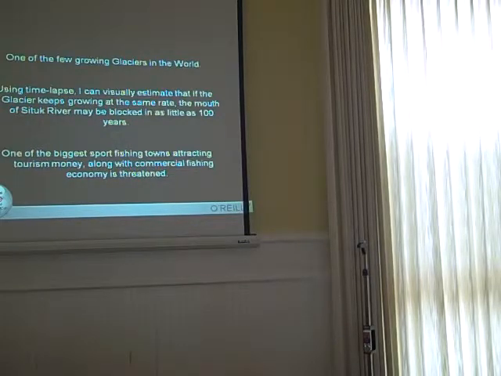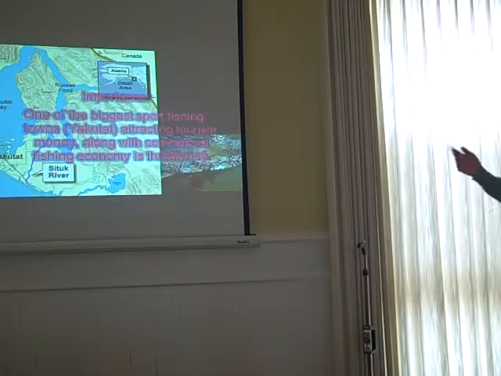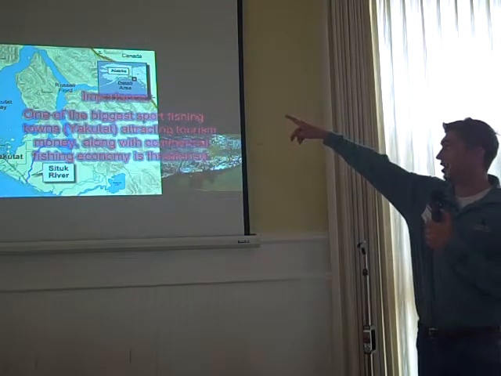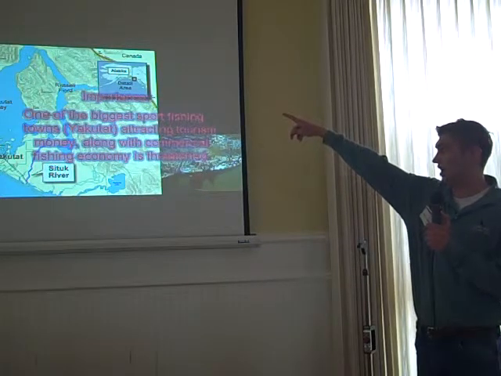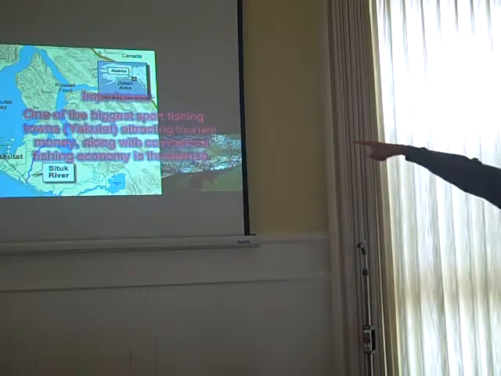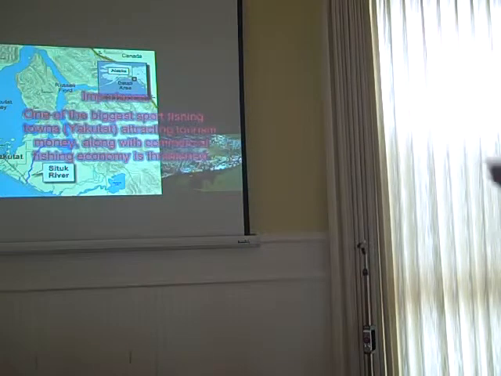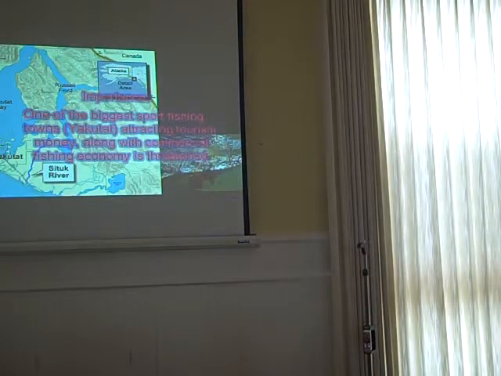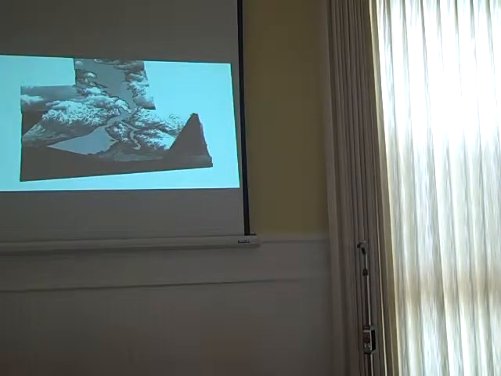So by using this method I was able to show 1,000 years of data. The importance of the Hubbard Glacier is that it's one of the few growing glaciers in the world, and if it blocks off the Russell Fjord, the steelhead and the salmon are not going to be able to get to the Situk River where they need to go to spawn. So that affects me because I want to go there one day and fish.